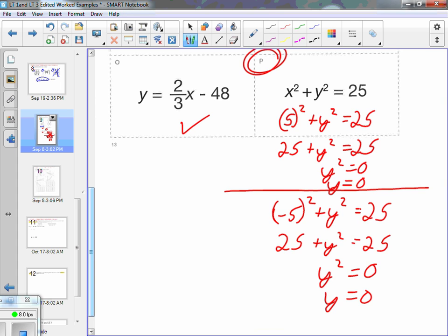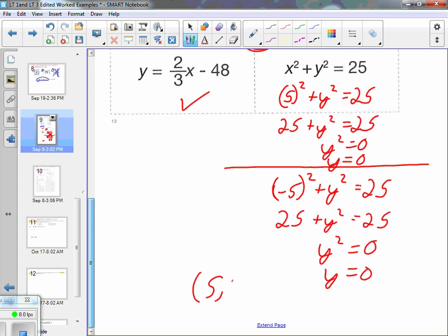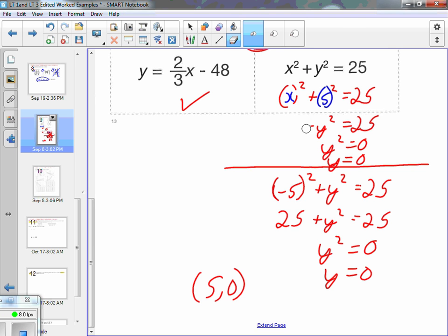So look, I would have the ordered pair 5, 0, and I would have the ordered pair, wait a minute, I'm looking at it backwards. Darn it. It's the y I want to put the 5 and the -5 in for. Yeah, because if I put the 5 in for y, let's see if I can fix this.